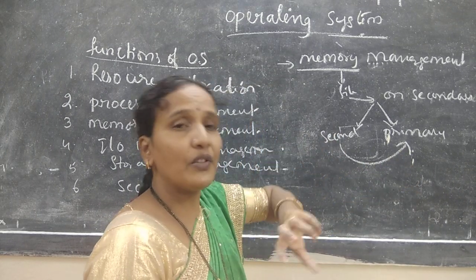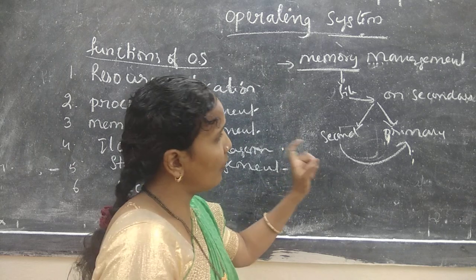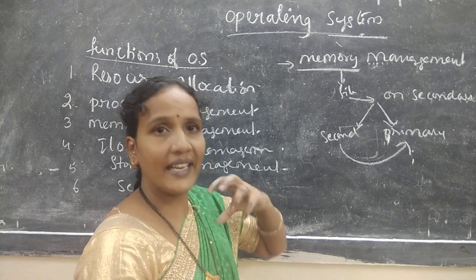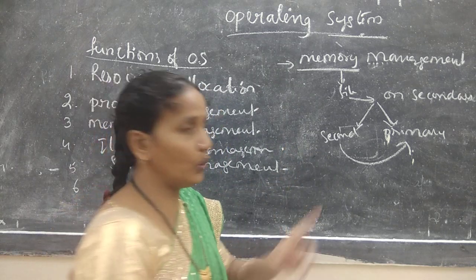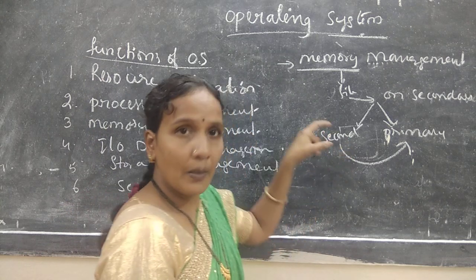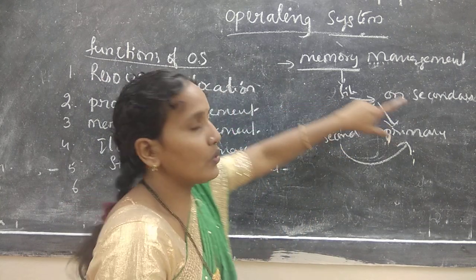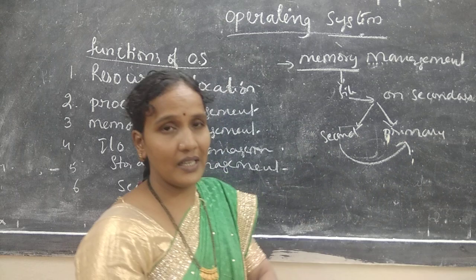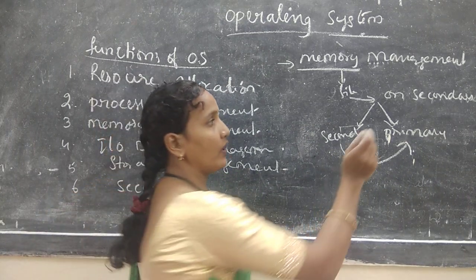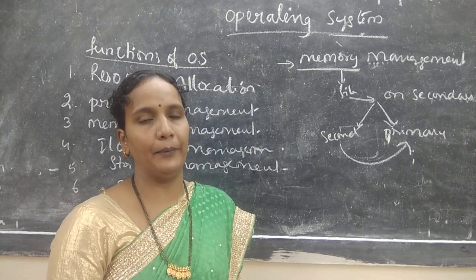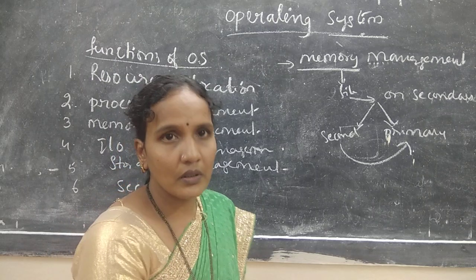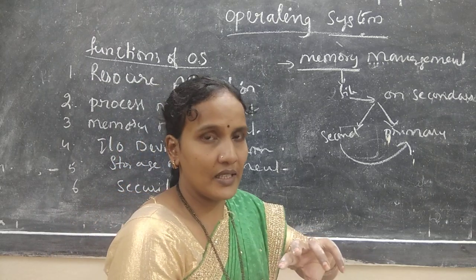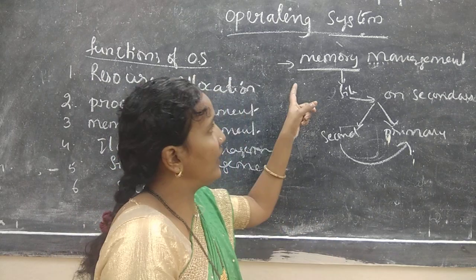So it is one of the functions of the operating system. Whenever any program wants to execute, it will swap the program from secondary memory to primary memory, because programs are executed from the primary memory only. Understood, all of you? So whenever you save files permanently, where will that file be saved?